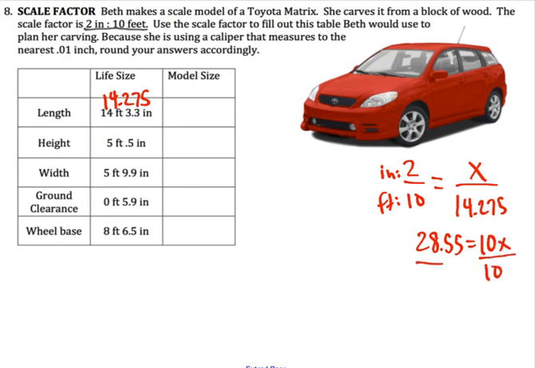Divide both sides by 10 here, and I get 2.855 will equal x. It tells me to round to the nearest 0.01 inches, so I'm going to round to here. The 5 will round me up, so this is going to be 2.86 inches. And then I need to do that same process a few more times here to figure out all my other lengths for the rest of the model.